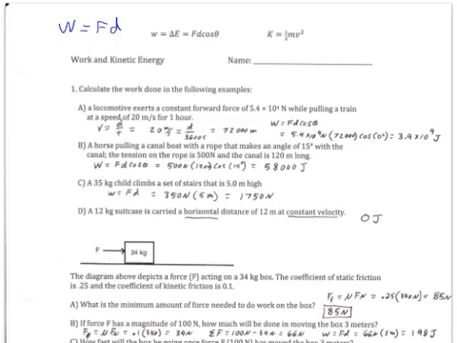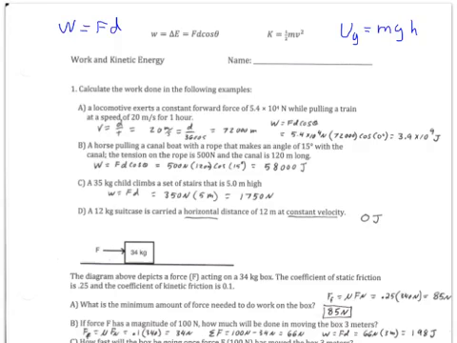Now, careful with this next one. A 35-kilogram child climbs a set of stairs that's 5 meters high. I'm doing work against gravity here. I'm not gaining kinetic energy horizontally, but rather I'm gaining gravitational potential energy. So remember that gravitational potential energy is equal to mgh. Not a bad equation to have in your tool chest.